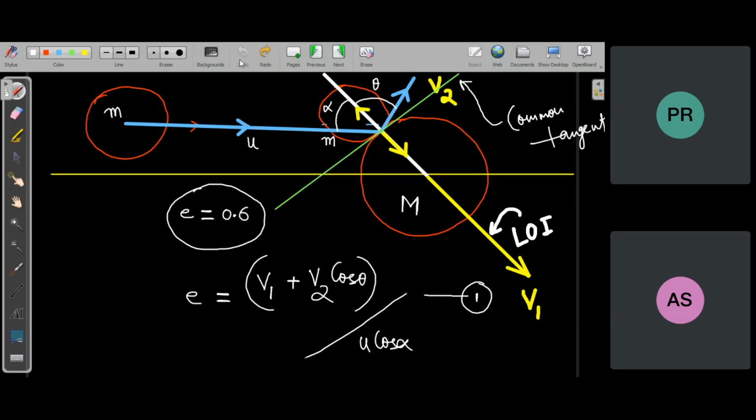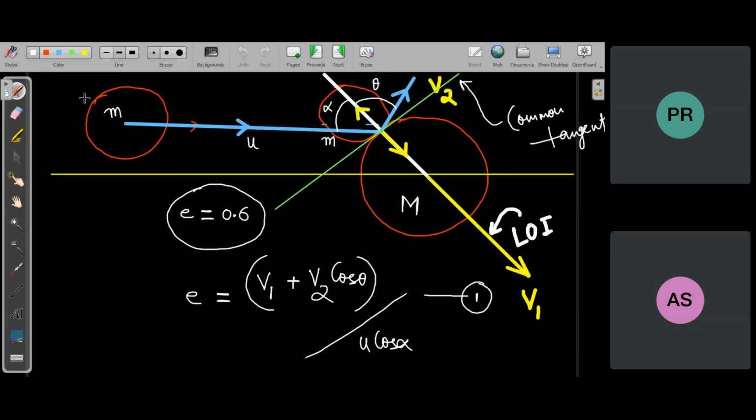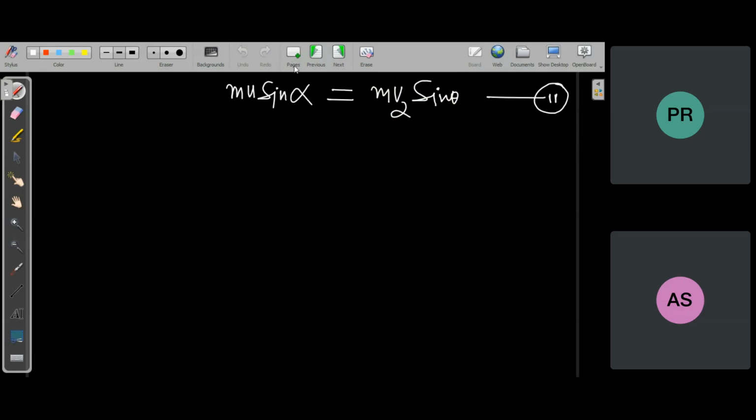Solving all those equations, you will get the answer. Are you getting? So this is the concept in this type of question. You can write the conservation of momentum of the whole system along the line of impact. You will get one more equation. Like this, you can apply these concepts and solve.